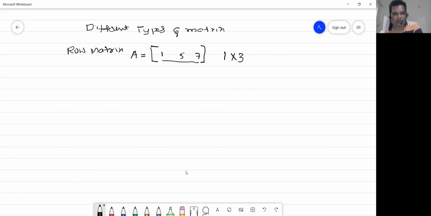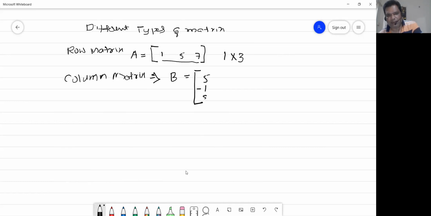Next one is called what? Column matrix. This is indicated by capital letter B. 5, minus 1, 8 is a column matrix.